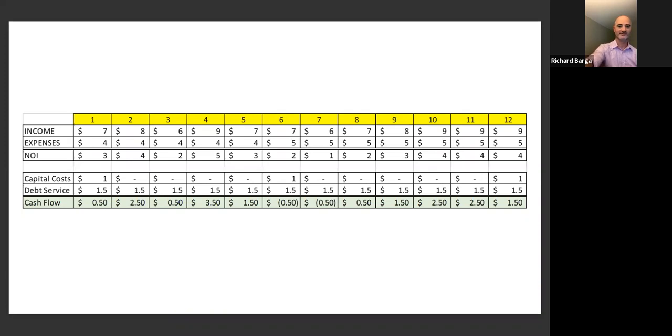Yes or no? Looks okay. Well, I would tell you that years 6 and 7 are negative, which means that you do not have enough net operating income to cover your other expenses, your capital costs and your debt service. So that is actually very bad.